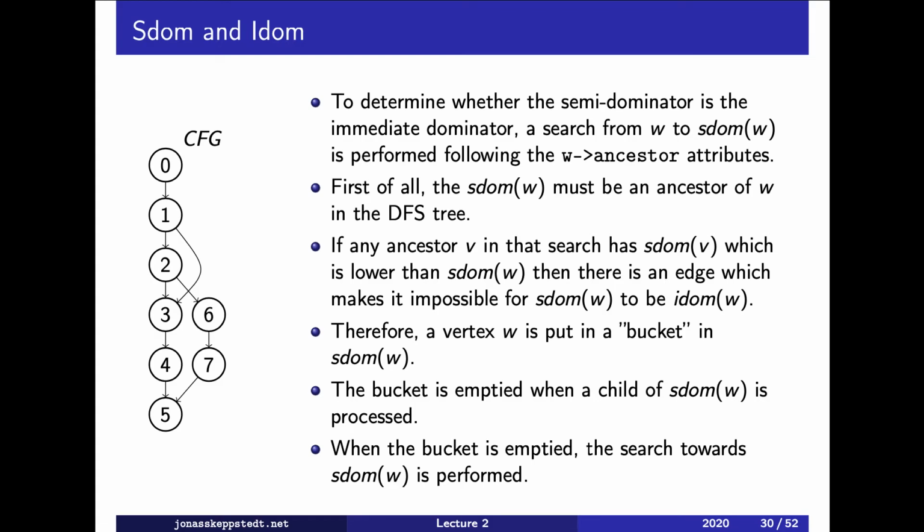If they are the same, then it is the correct value. But if they are different, then we should take the immediate dominator of the saved node and use that as the immediate dominator.